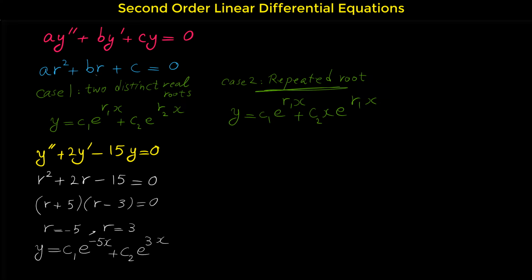Let me show you an example of this case. y double prime minus 6y prime plus 9y equals 0. First, we write the characteristic equation.